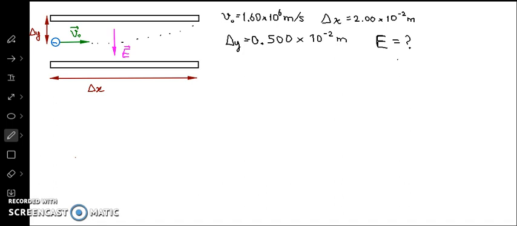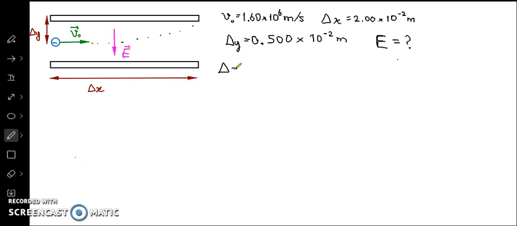And to find the time, I can use the horizontal component of the motion. I know the horizontal velocity and the horizontal distance. This is uniform motion, there's no acceleration. So I can first find the time the electron takes to go from one side of the plates to the other side.